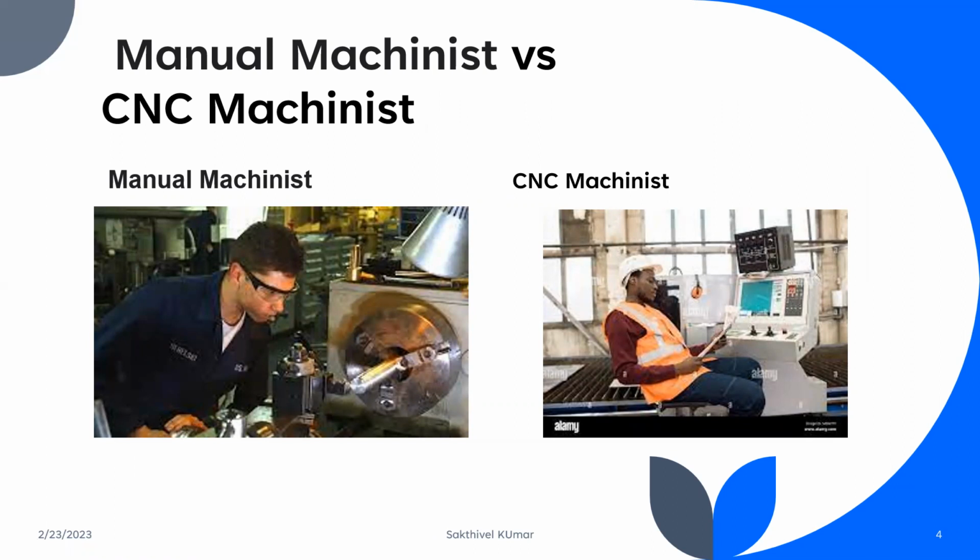So here manual operation is there, and here automatic operation is there. That automatic operation is done by the servo motors. The servo motor replaces the man. Here the man's mind is the computer unit. Here the CNC program controller is the brain.